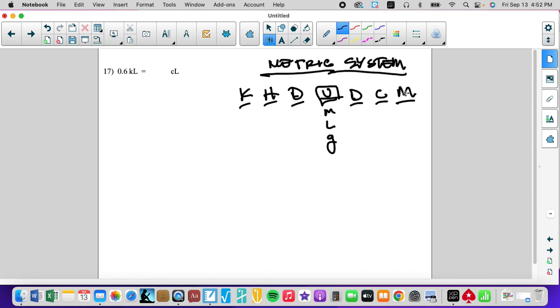But I wouldn't even get into the hundreds and all that stuff. I'm going to show you. I'm just going to take this decimal, 0.6, and we're going to look and see, what are we starting with? We're starting with kilo, and we're moving to centi. So we're going from kilo to centi. How many places? 1, 2, 3, 4, 5.